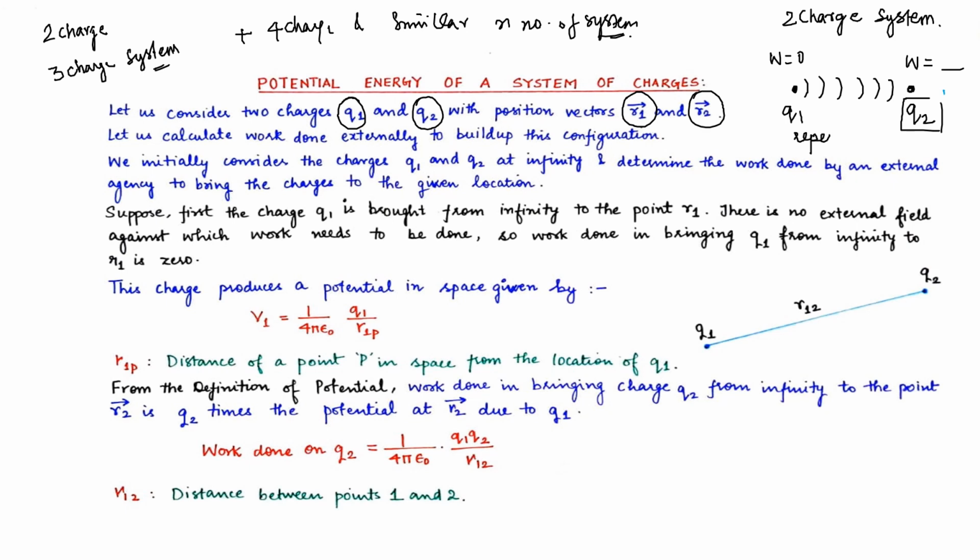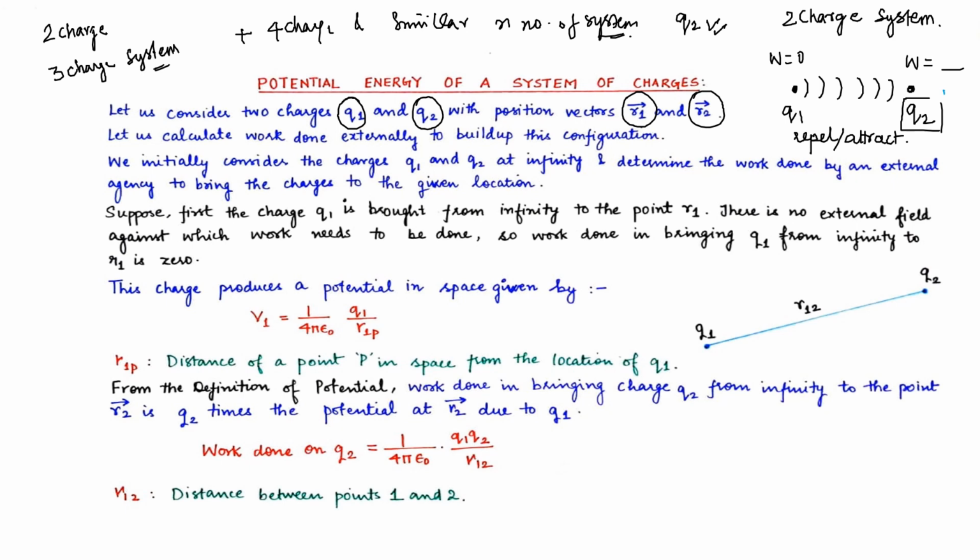It will repel or attract on the basis of the charge held by Q2. If Q2 is of opposite polarity to Q1, they will show attraction. If Q2 is of the same polarity as Q1, they will repel.